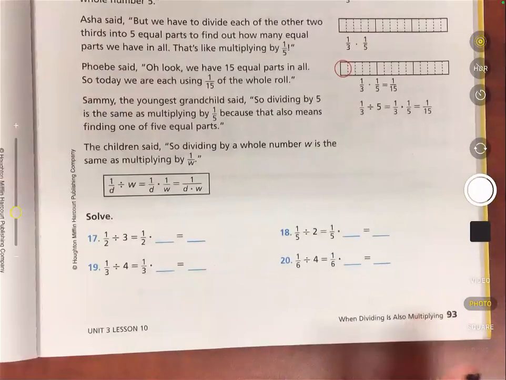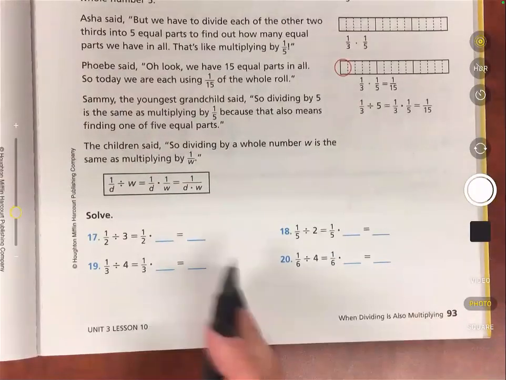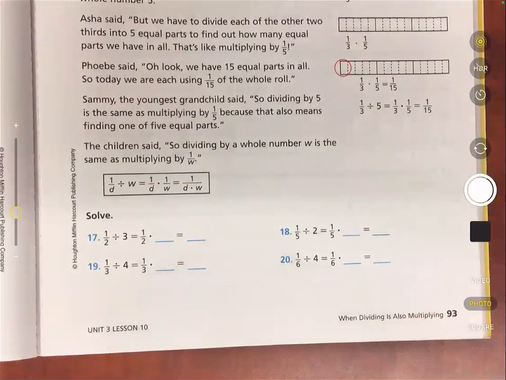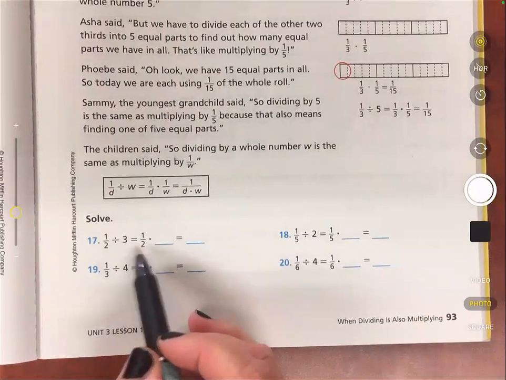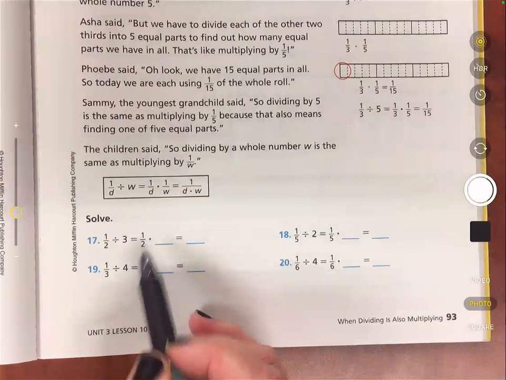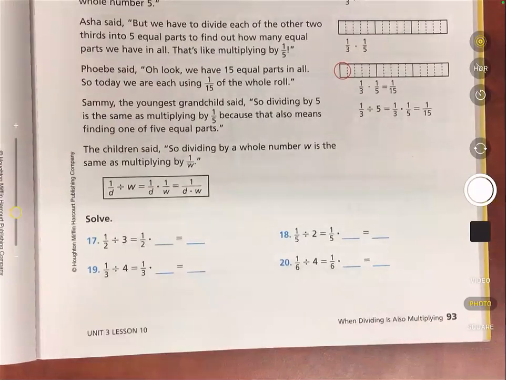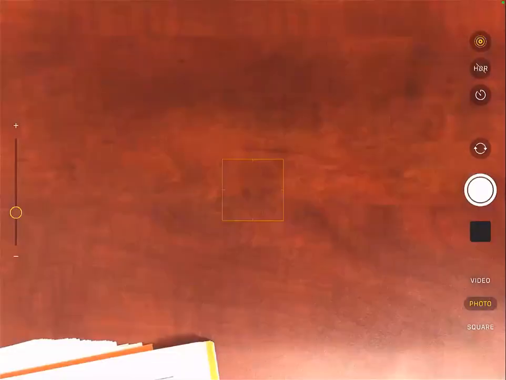I want you guys to solve 17, 18, 19, 20 on your own. Okay, they've started it for you, right? We've got our division. They've already done the same. They've already done the change. You have to do the flip and then the multiply. So solve those real quick for me.